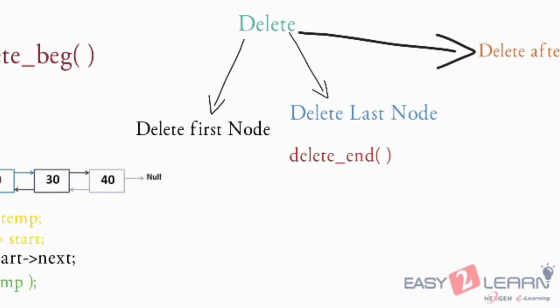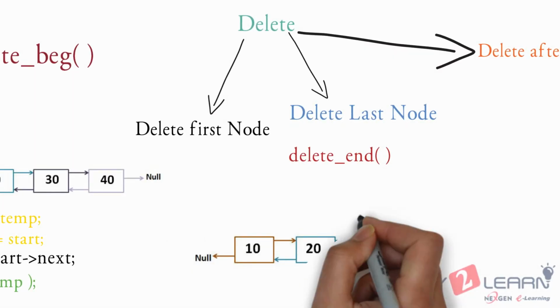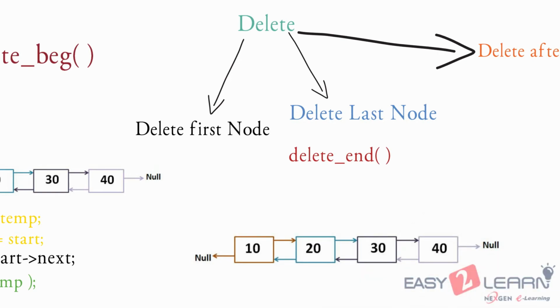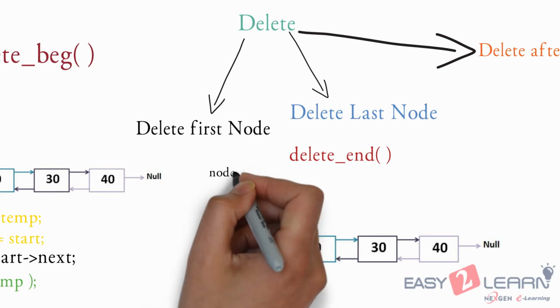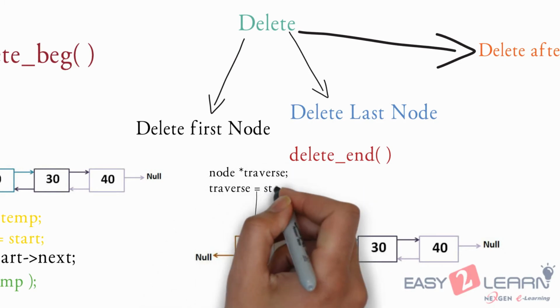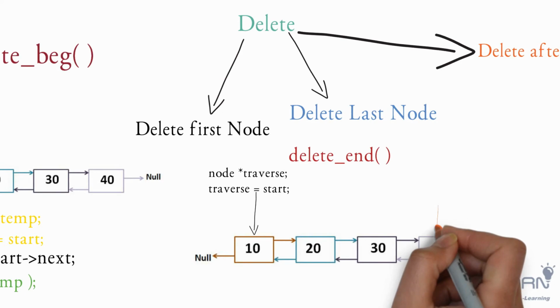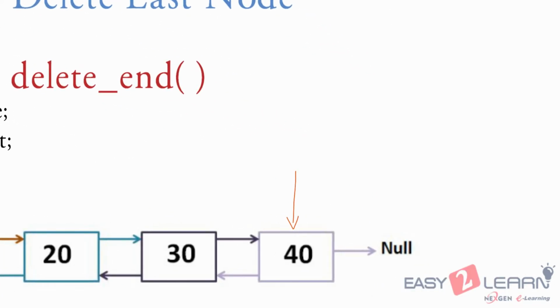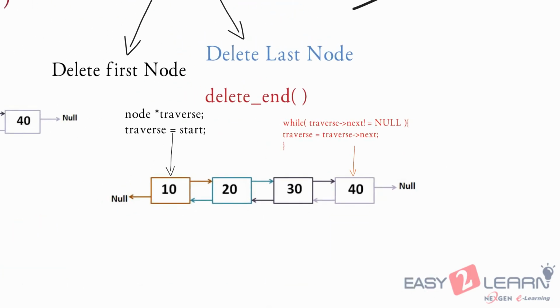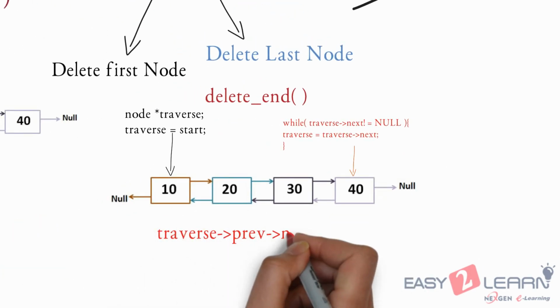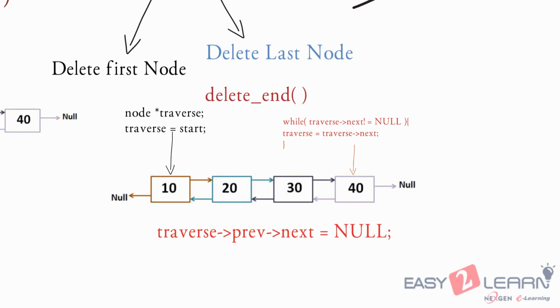For this I have created a function called delete end. So I need to find out the last node. Simple. Once again I'll use the traverse pointer and assign it to start, and I'll use the same while loop. While traverse of next is not equal to null, traverse towards the right, so it will traverse towards the next. So traverse of previous will point to null, that is the node with value 30.